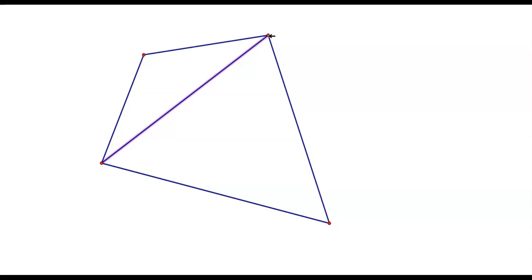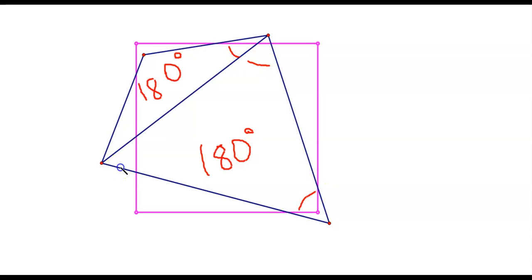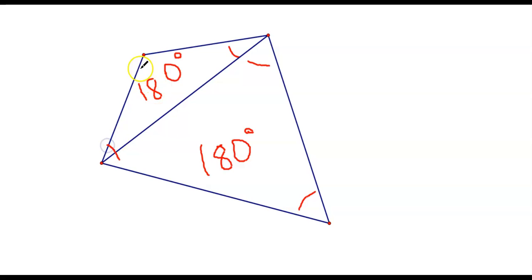And every triangle has 180 degrees here, and 180 degrees here. What's 180 plus 180? 360. So every quadrilateral has a total of 360 degrees if you put all the interior angles together. So keep that in mind.